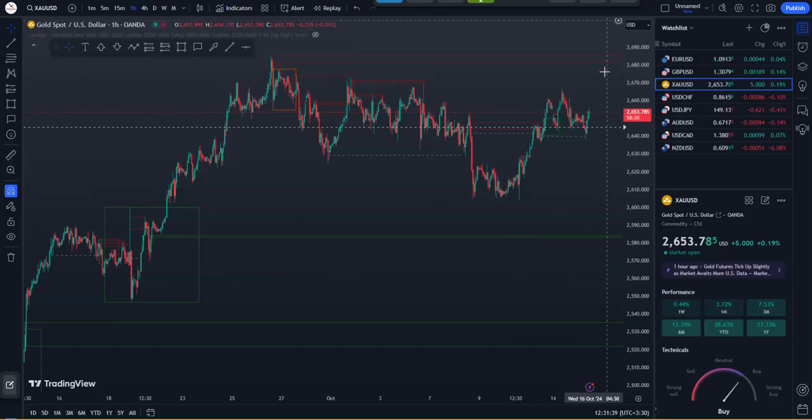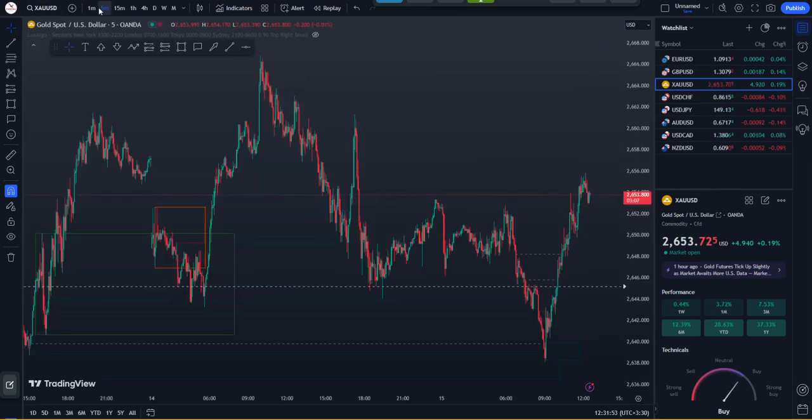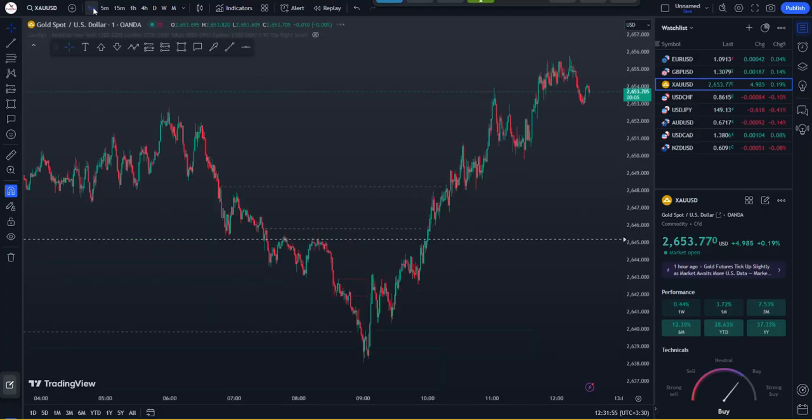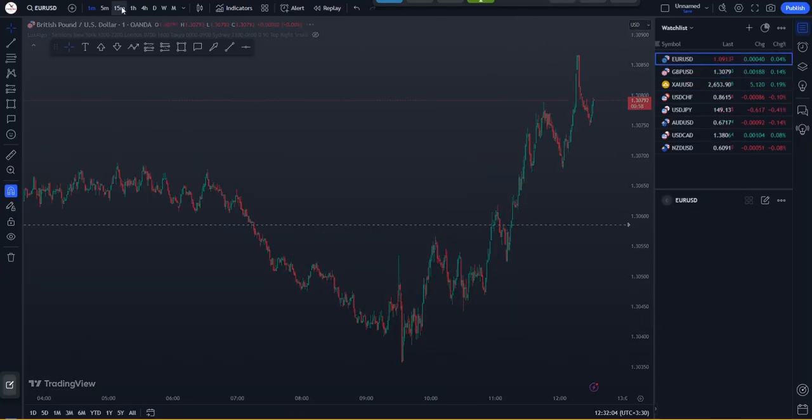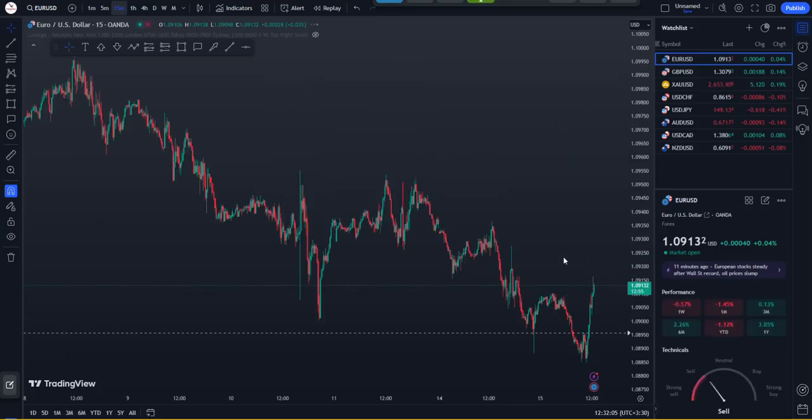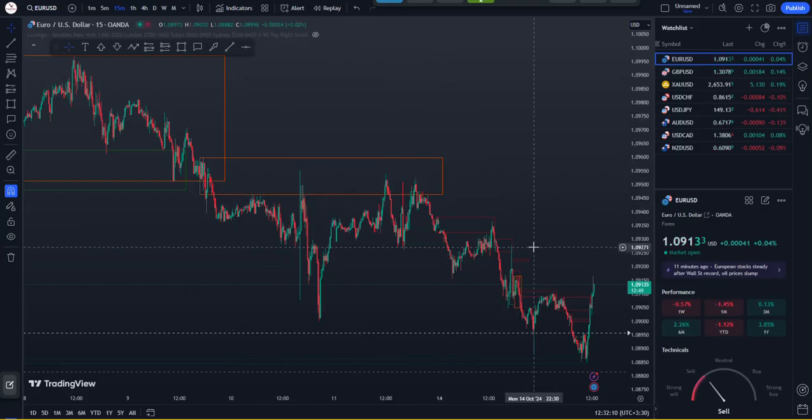The gold actually is going up, but I think the gold price wants to go down. So I'm waiting for price to reach the last place and then decide what happened. EUR USD actually, this is going to take too long to reach where it's going.